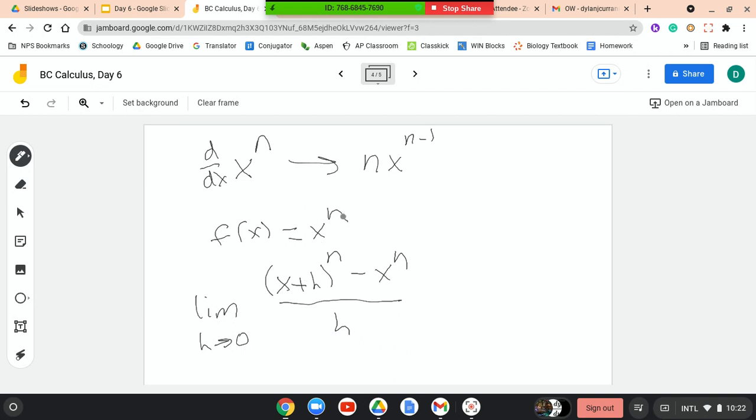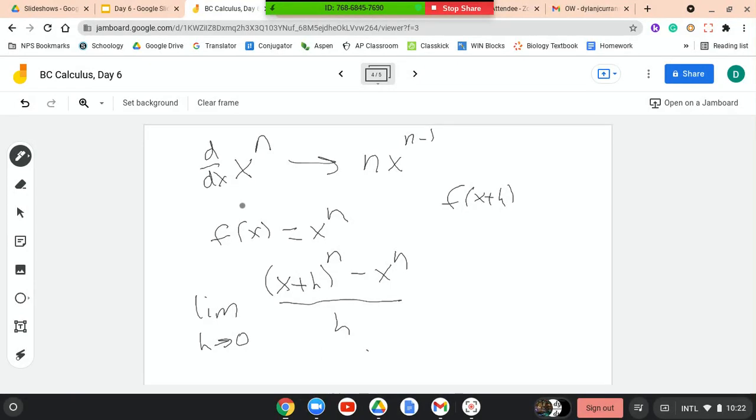Because if the function is x to the n, then we take our input and raise it to the n. So instead of writing f of x plus h, we can replace it with just x plus h to the n, because that's the function. And similarly, instead of writing f of x, we can write x to the n. Does that make sense? Yeah, that makes sense. Cool. So you'd agree that the derivative of x to the n will be whatever this limit is.